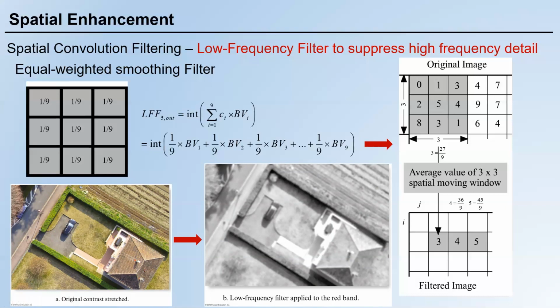So, like I said, low frequency filter is to suppress high frequency detail, and high frequency detail usually refers to boundaries between different land cover types in remote sensing imagery. So here is the result. You should have a first impression of this result of low frequency filter. It makes your image less sharp. Boundaries are smoothed. By what? By this very simple average filter. Okay, so this is the result.